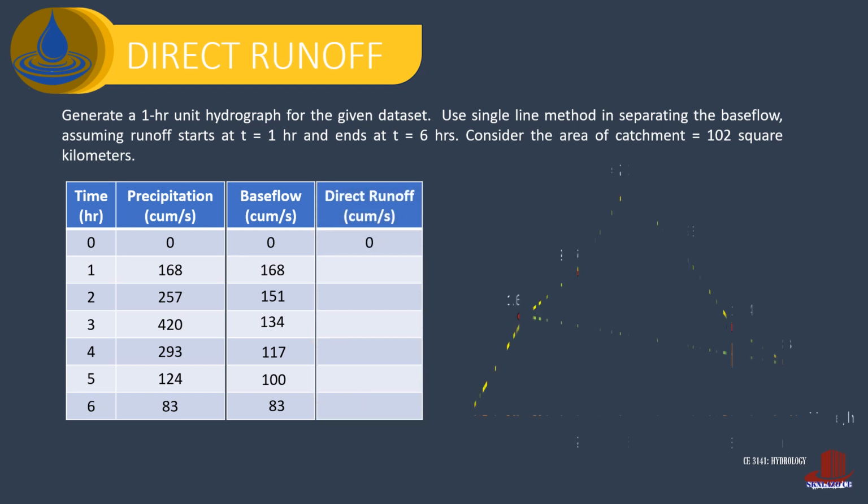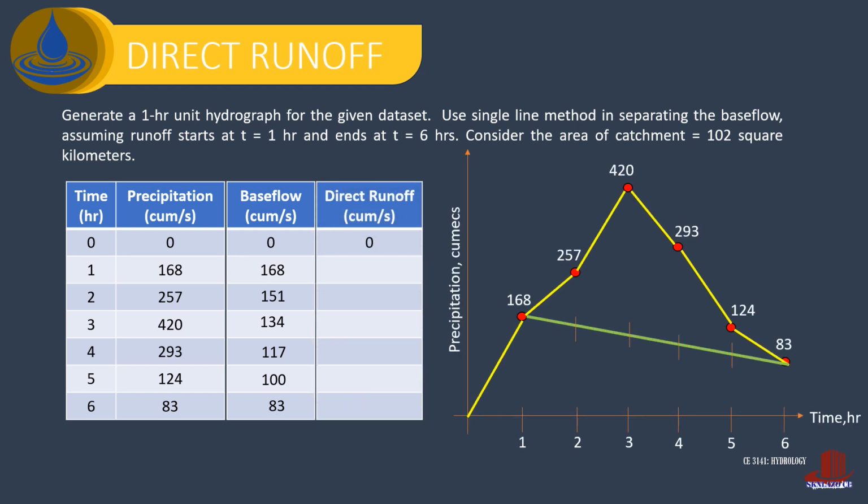Next is to solve for the direct runoff, where we only have to take the difference between the discharge or precipitation and the base flow. At T1, the precipitation of 168 was totally considered as base flow, leaving no direct runoff. At T2, 257 minus 151 leaves 106 cumecs for direct runoff.